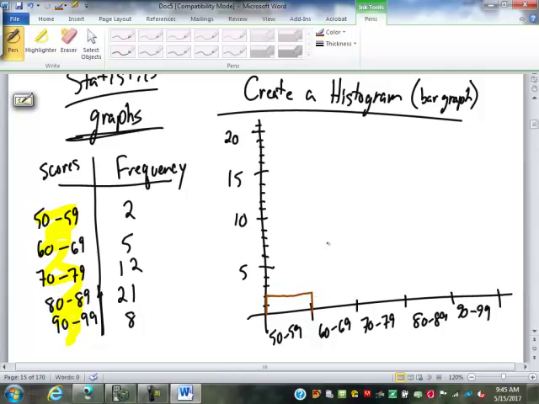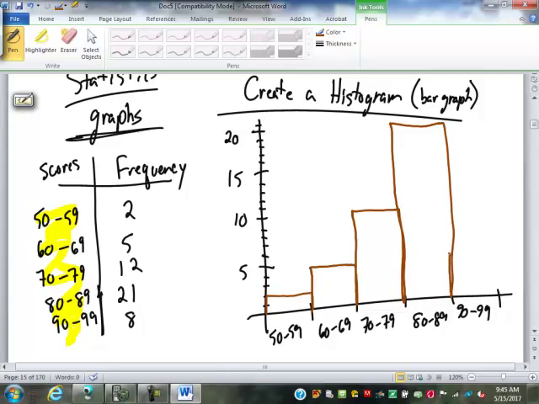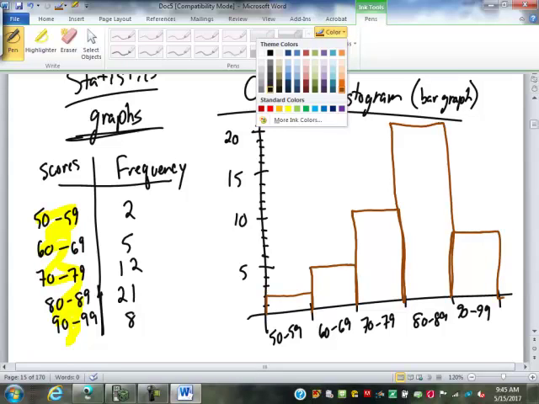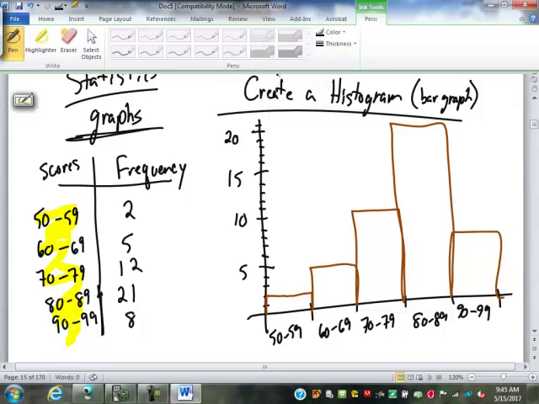So the bars fill the whole space above the range. 60 to 69 is 5. 70 to 79 is 12. 80 to 89 is 21. 90 to 99 is 8. Like that. So that's a histogram.